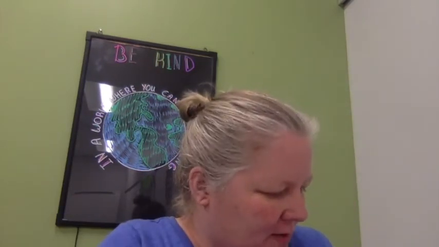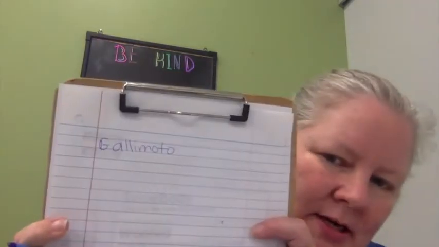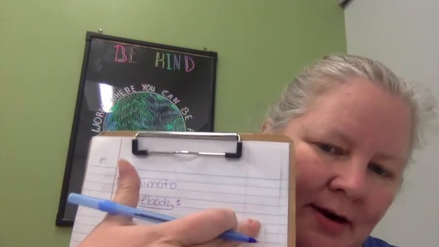So if you are a distance learner, just to kind of show you how to make this your own, you know that the first thing is going to be the title, all right? So I'm not going to write it all out, but we'll have the title, Galamoto, and then you'll have somebody, and I want you to write the word somebody and underline it, and then write who the characters are.